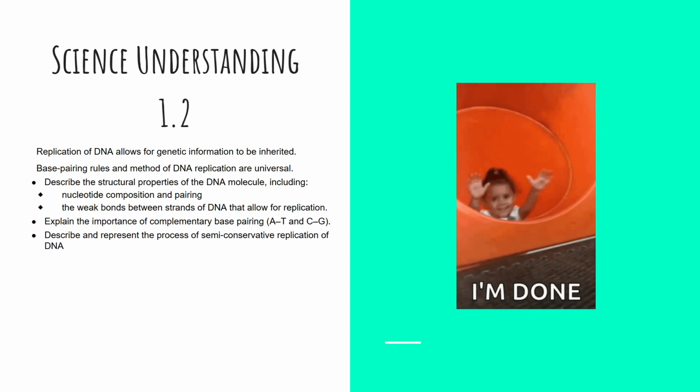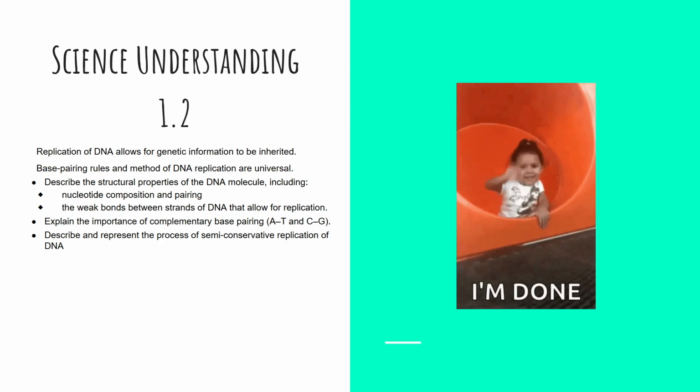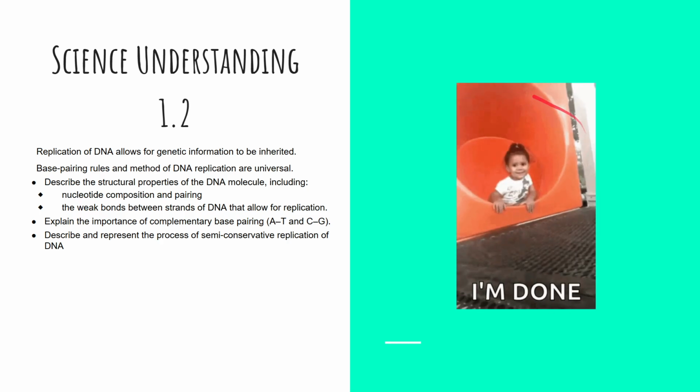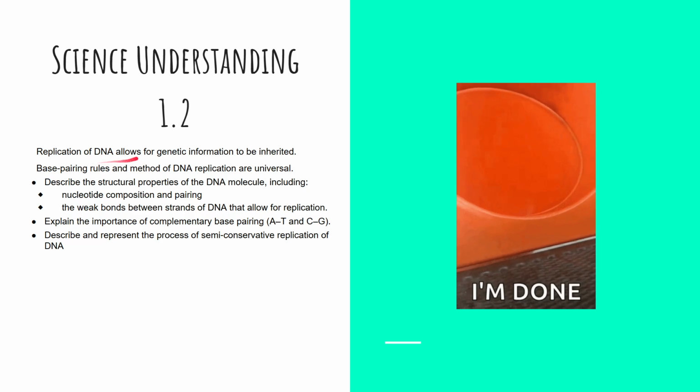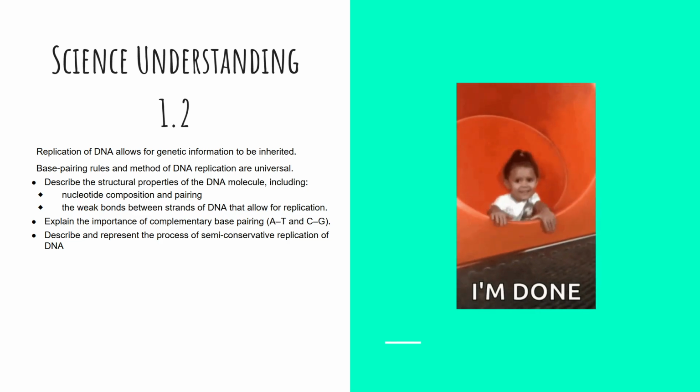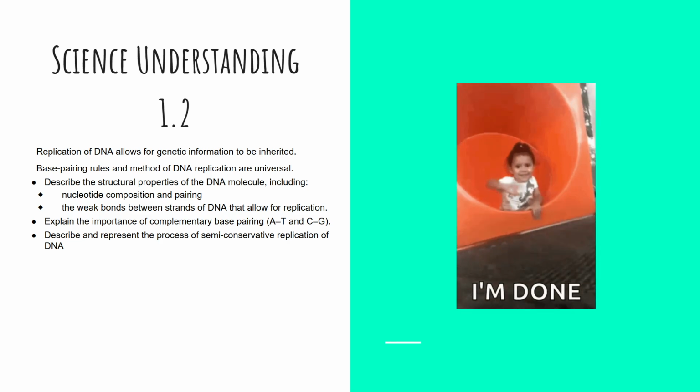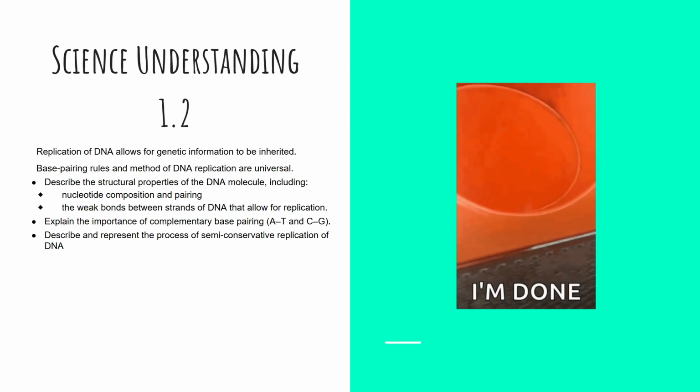And that's it. That's DNA replication. So hopefully, we know that replication allows for this genetic information to be inherited. The base pairing rules we are very familiar with. We know why there are weak bonds, so they can be broken by this helicase.